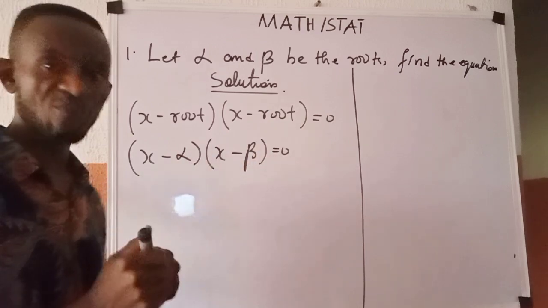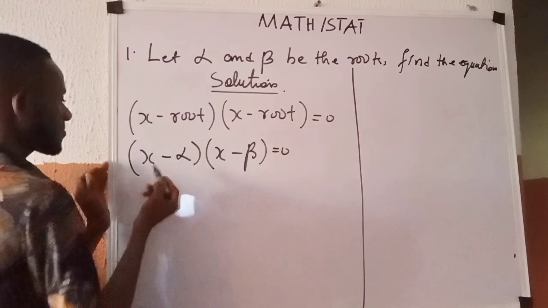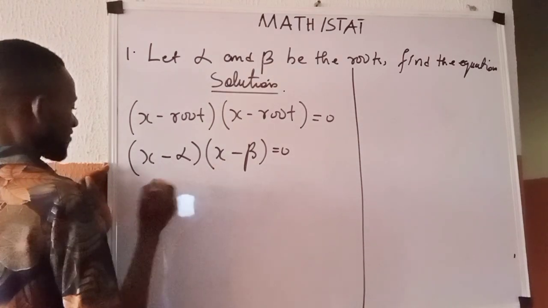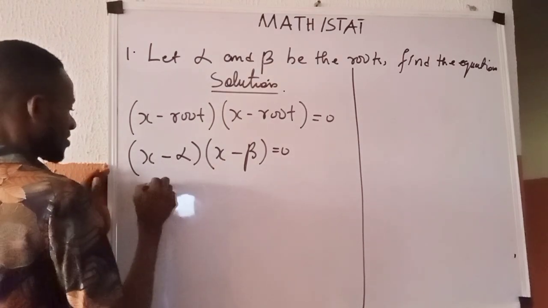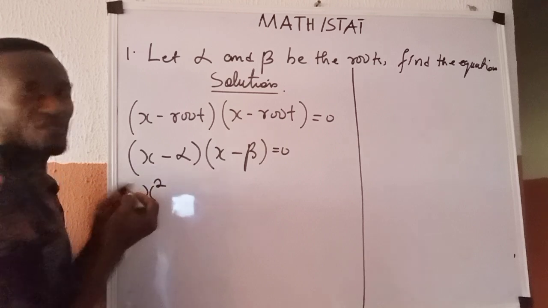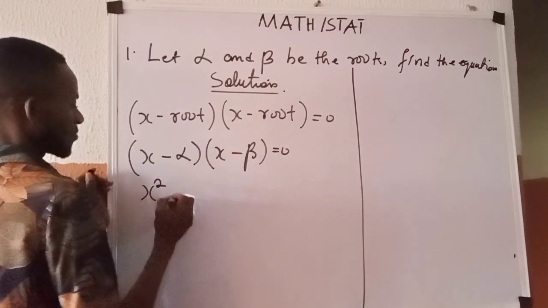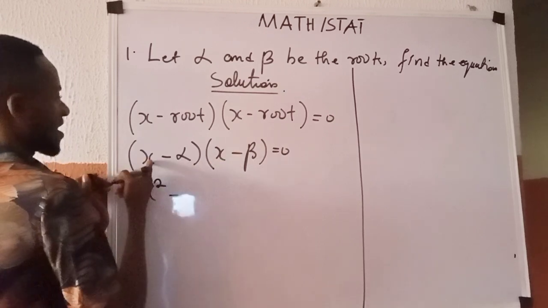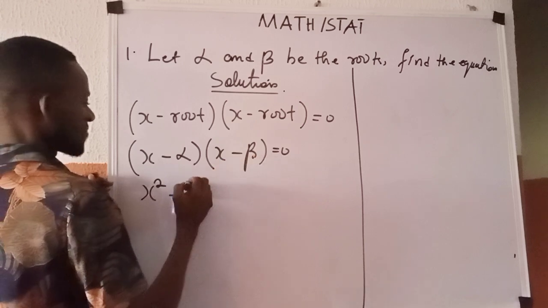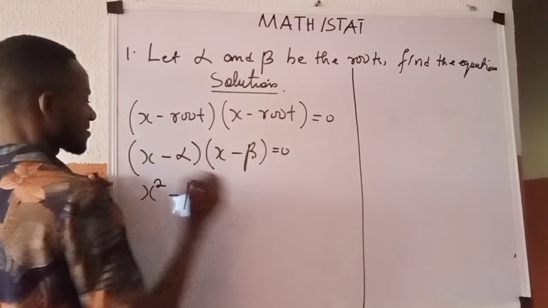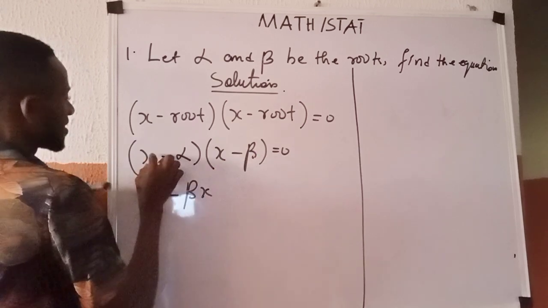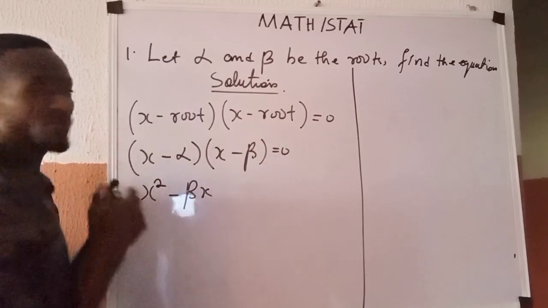So let us do the multiplications together. X times x will give me x raised to power 2. The sign here is minus. You put the minus. X times beta will give me beta x.